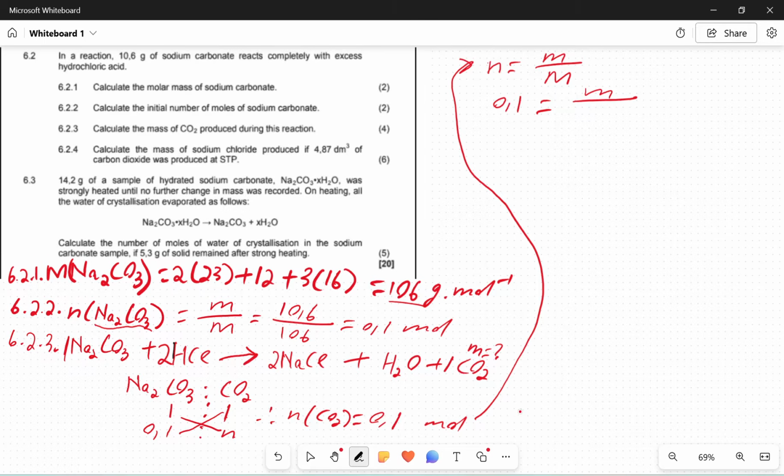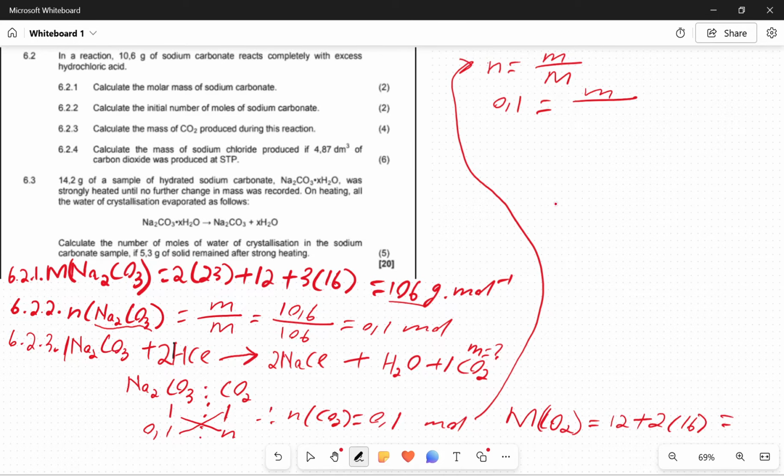How do I find the molar mass of CO2? For me to find the molar mass of CO2, I'm going to say 12, the molar mass of carbon, plus 2 times the molar mass of oxygen.